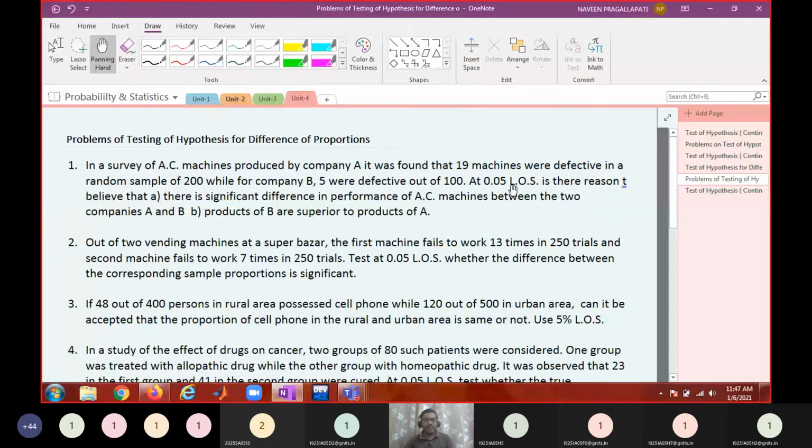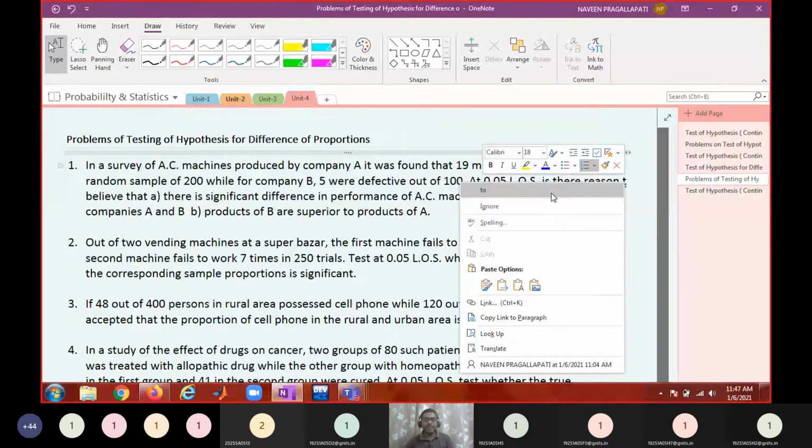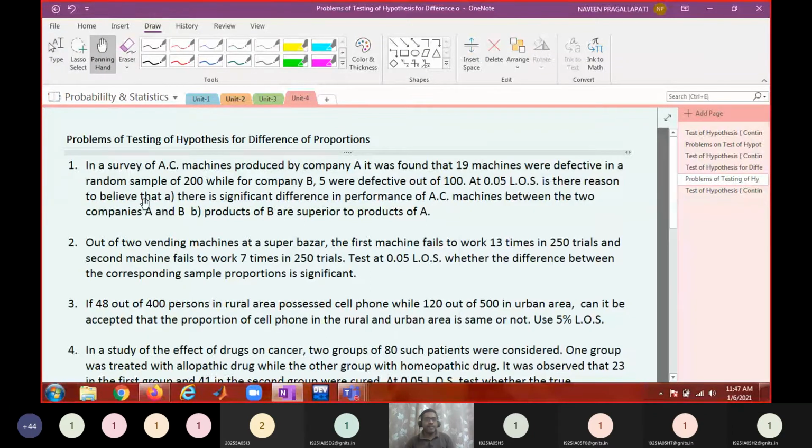Okay, so at 0.05 level of significance, is there any reason to believe that there is a significant difference in performance of AC machines between the two companies A and B, and that the products of B are superior to those of A?